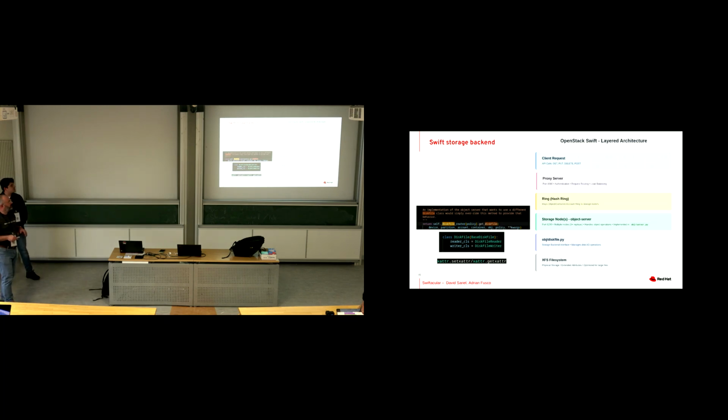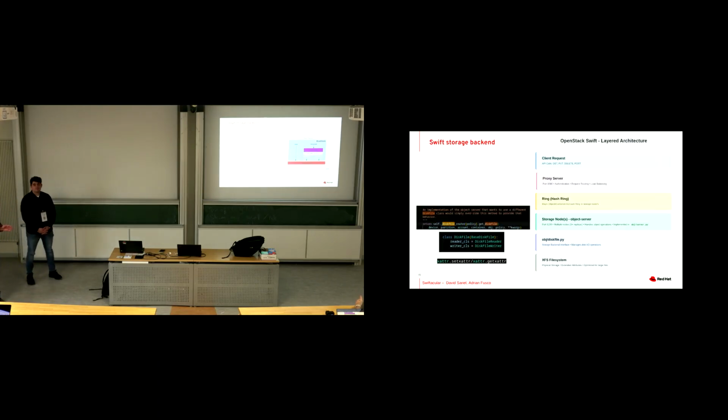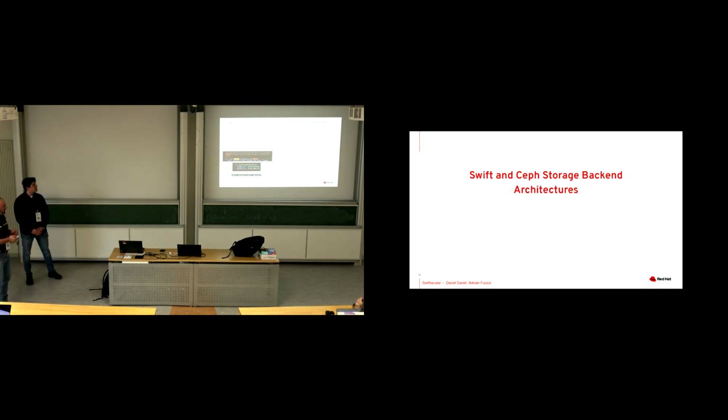Basically, when objects are written to the Swift backend, it comes to port 6000 something, and everything propagates from that endpoint request to the XFS file system. That's how it works on a code level. Any questions regarding the previous slide? Good.